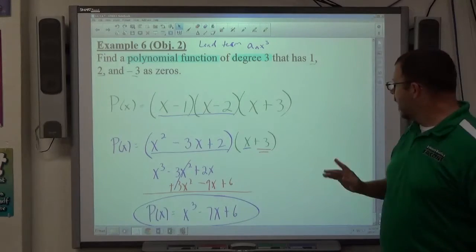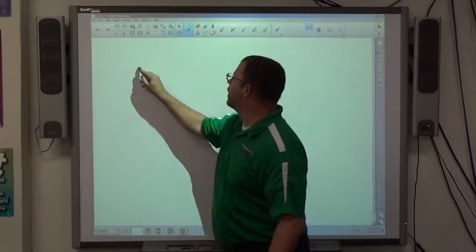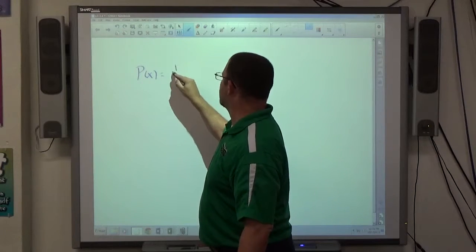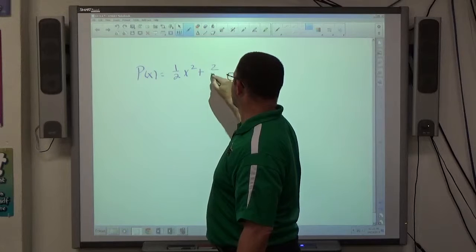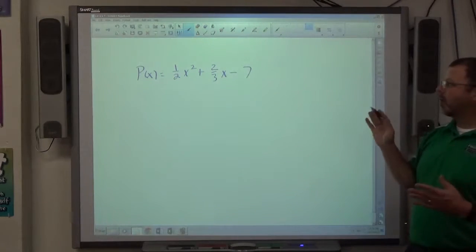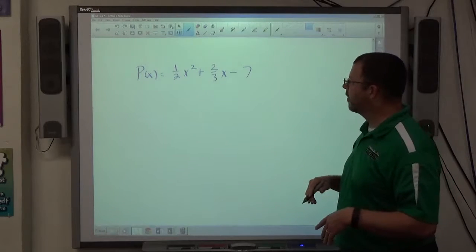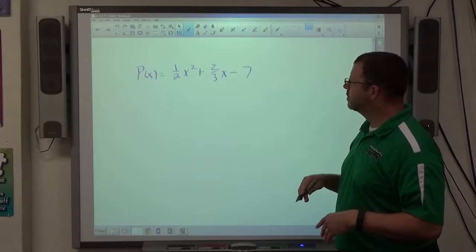That's the right answer. Now, suppose you do all this work, and you end up with p of x equals 1/2 x squared plus 2/3 x minus 7. Let's say you get that. I should probably make one that has good answers.